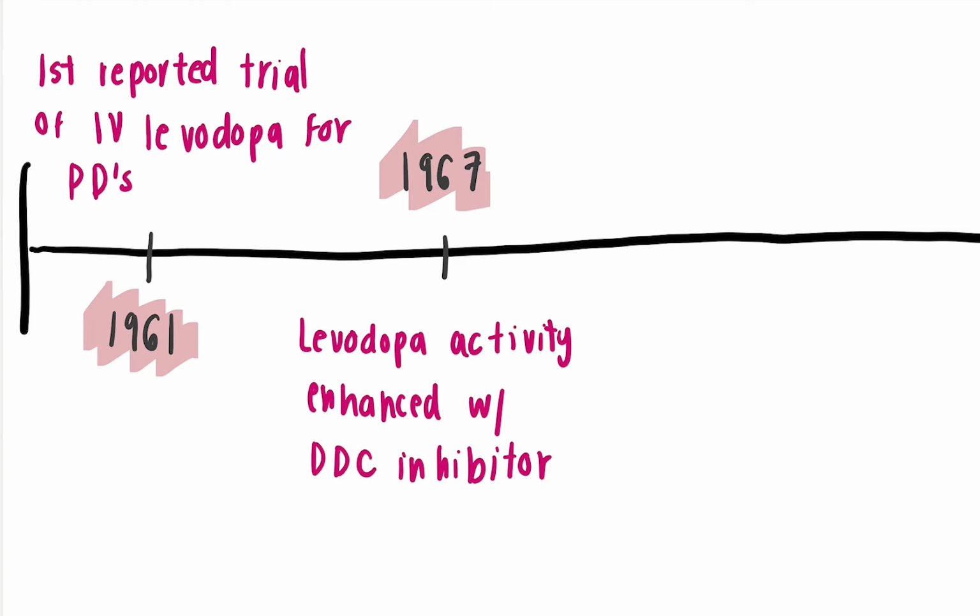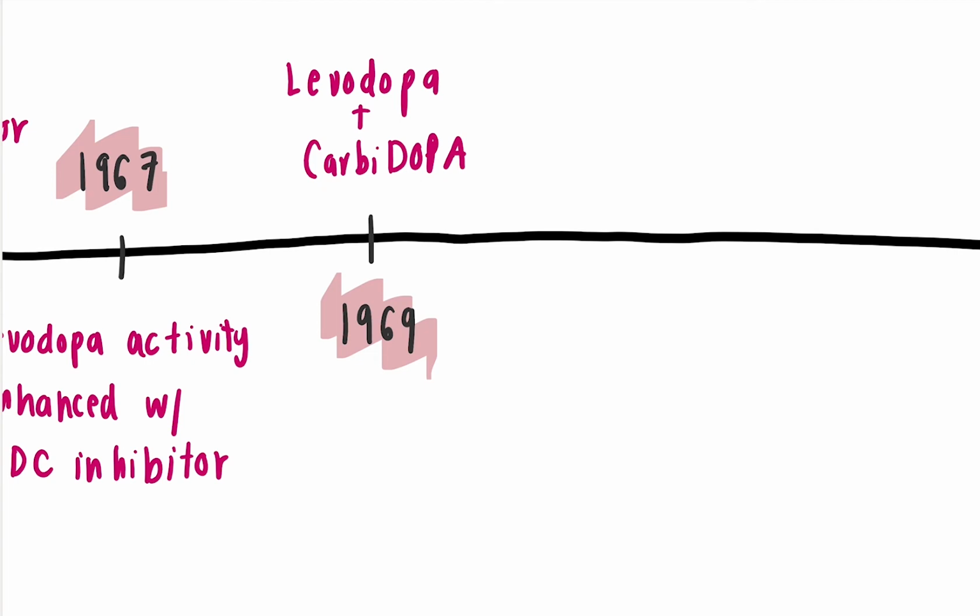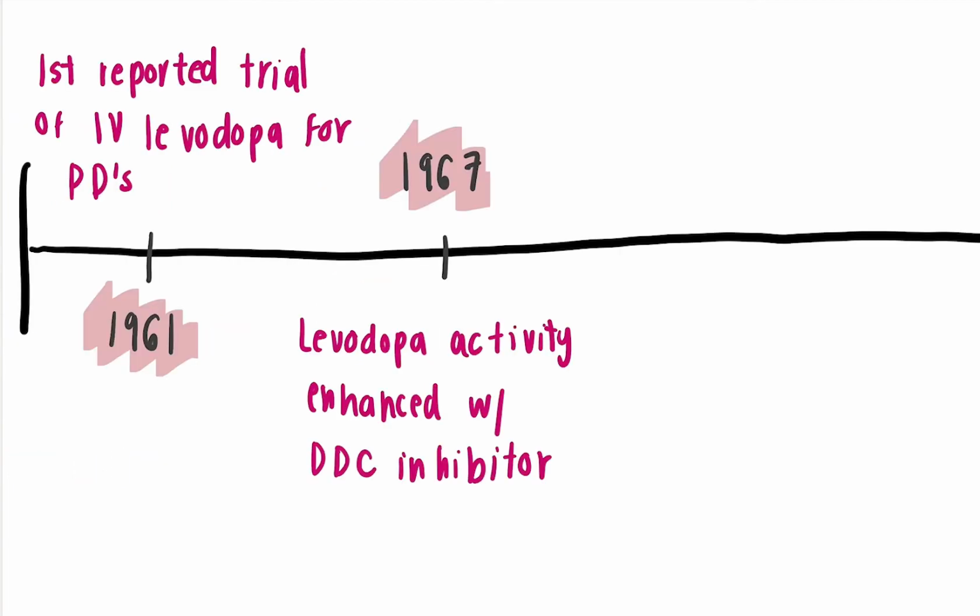Only 1% of an orally administered dose of levodopa without any DDC inhibitors actually made it to the brain, while 5 to 10% of an oral dose of levodopa administered with a DDC inhibitor was able to reach the brain. The next date that we have is 1969, which showed that combined levodopa and DDC inhibitors proved to be more effective than levodopa alone.